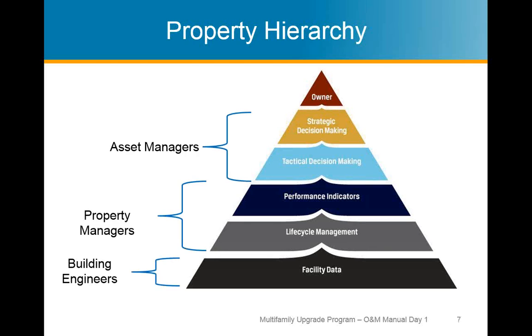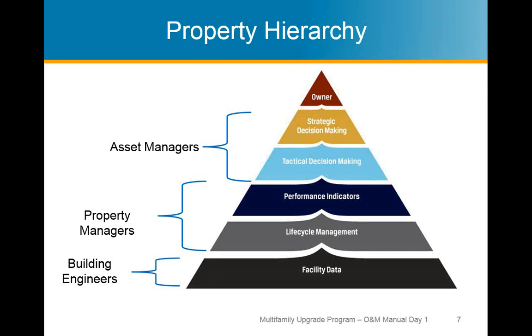Building engineers are majorly concerned in working with facility data directly. That rolls up to lifecycle management and performance indicators for property managers. Subsequently, all that rolls up to reports that asset managers see, where the strategic and tactical decision making is taking place.